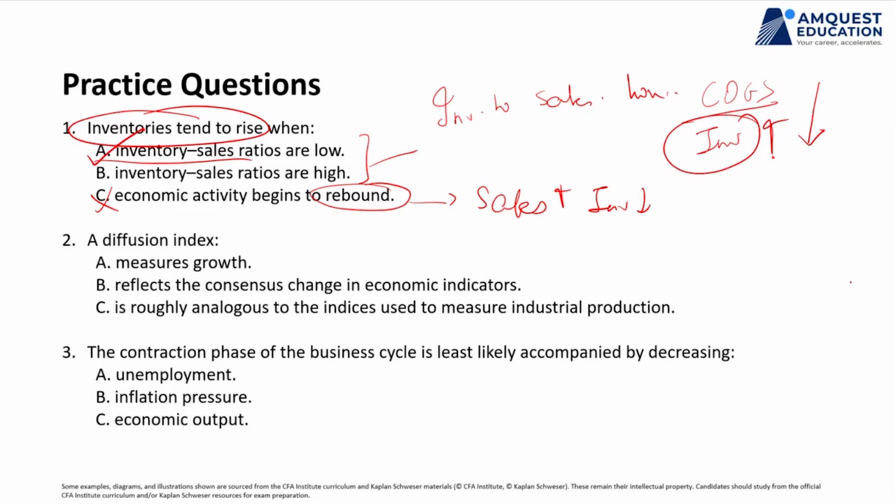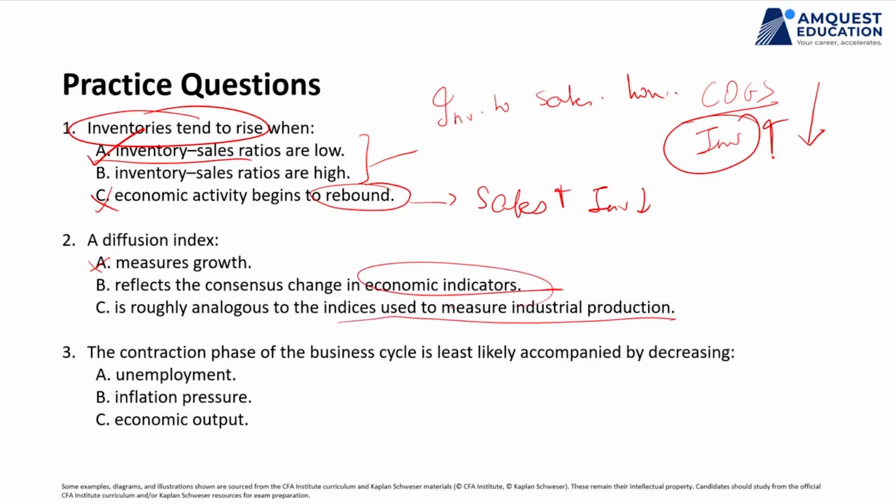What's a diffusion index? Does it measure growth? Obviously not. A diffusion index looks at the indicators, right? Leading, lagging, coincident, and tries to combine the indicators and come to one answer as to what is the phase of the economy. So what is it? Is it analogous to the indices used to measure production? Not at all.